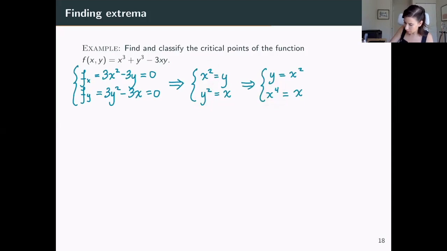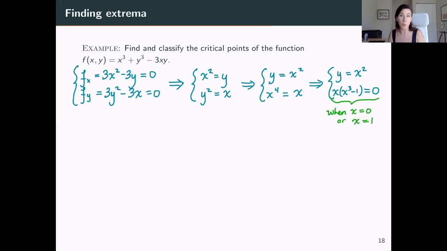Then we can rewrite this in a slightly different way. We have that y equals x squared and that x times (x cubed minus 1) equals 0. In the bottom equation, we can see that this is going to happen when either x is equal to 0 or x is equal to 1.